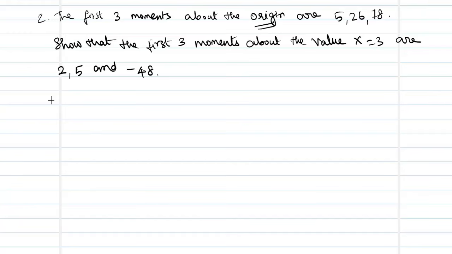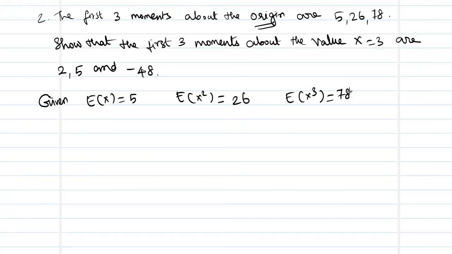So what we know is we have been given E of x to be equal to 5, E of x square to be equal to 26, and E of x cube to be equal to 78.